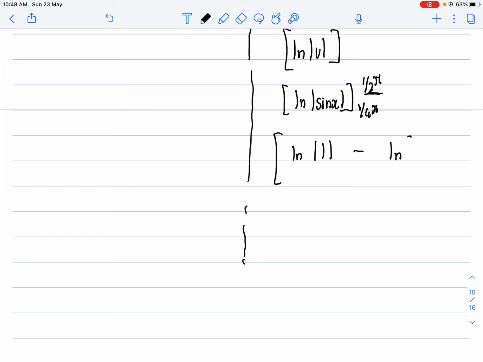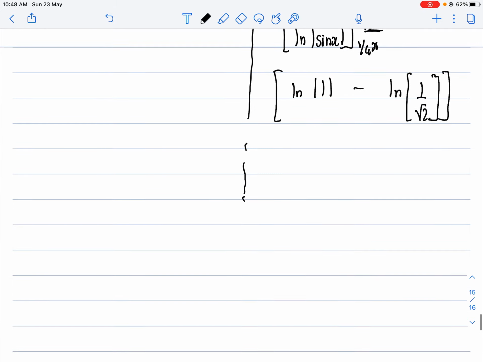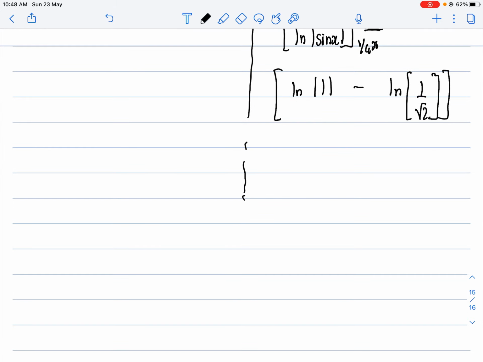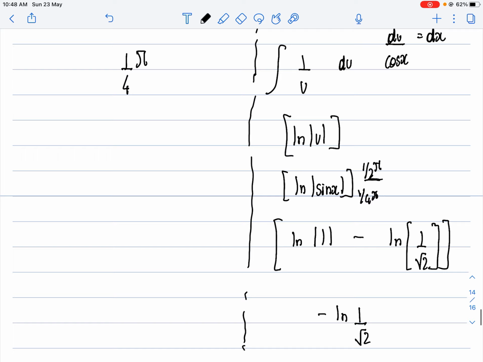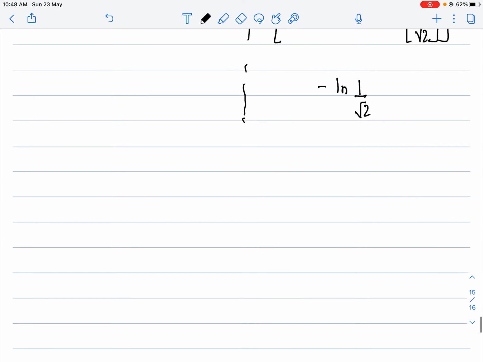So I get 1 over root 2 here. Now I know ln 1 is simply 0. So I just get ln 1 over root 2 minus of ln 1 over root 2. So now I write everything together. So I can write this basically as 1 over 4 pi minus ln 1 over root 2.